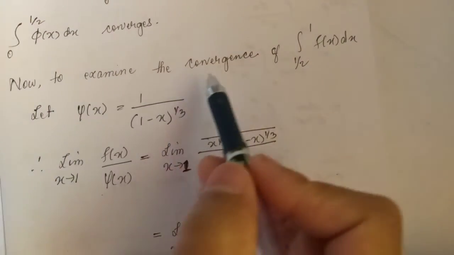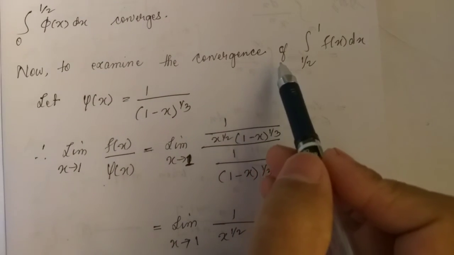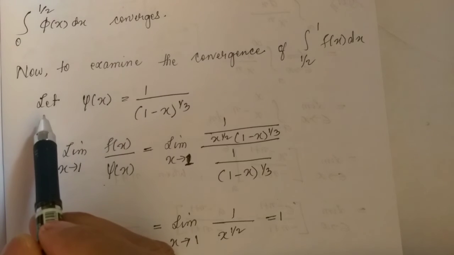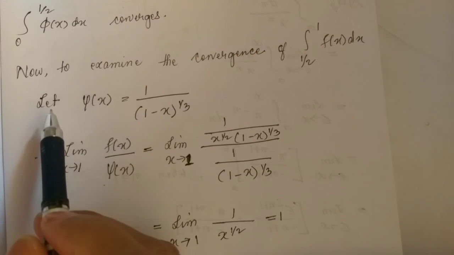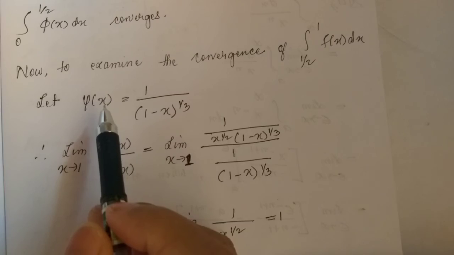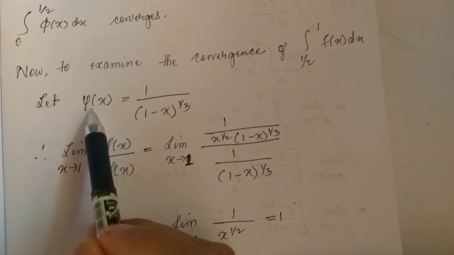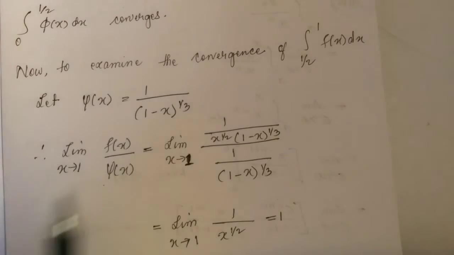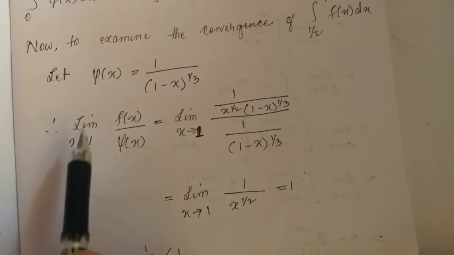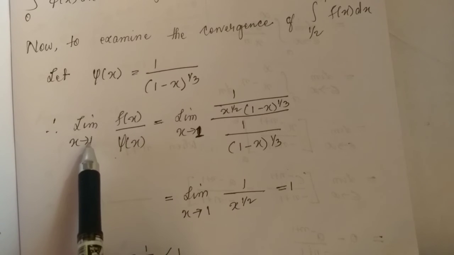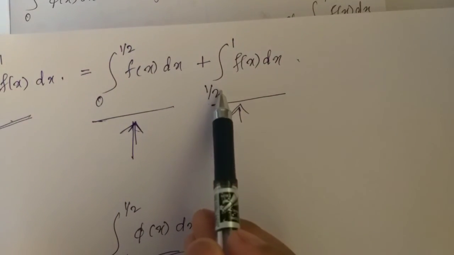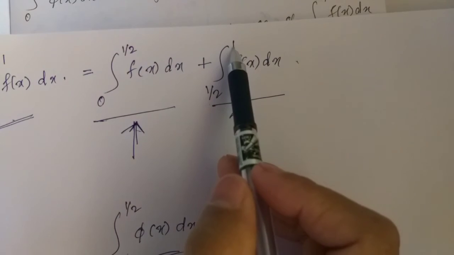Now to examine the convergence of 1 by 2 to 1 f of x dx, we take another function and try to find out its convergence. We take psi of x equal to 1 by (1 minus x) to the power 1 by 3, and we find the limit as x tends to that point of infinite discontinuity, which is 1, since for the second one we have to find the convergence at this point 1.